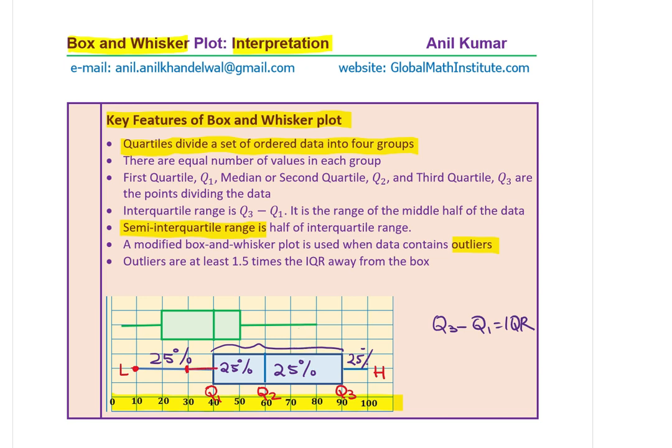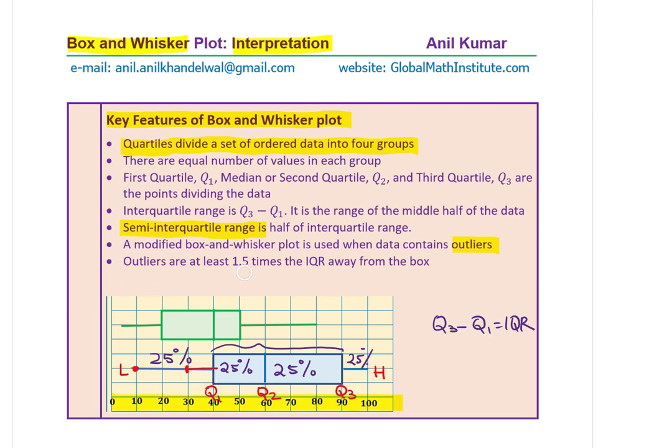Do you understand? In that case, we keep the outlier separate because that is just one piece. So the other part could represent almost 25% of the data between the lowest value and Q1.